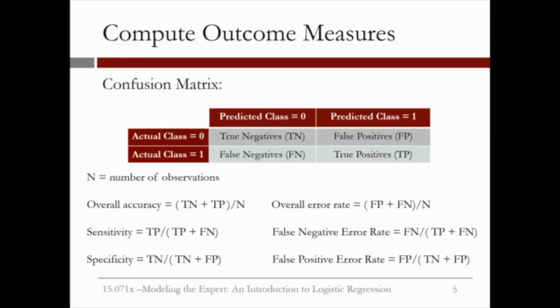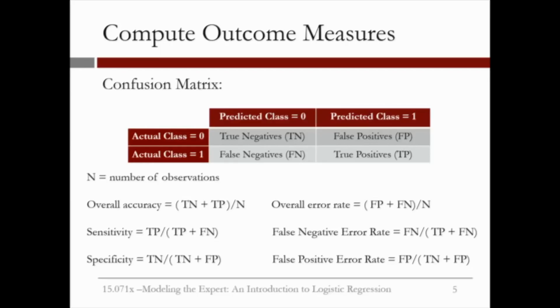The false negative rate is Fn, the number of false negatives, divided by the number of true positives plus the number of false negatives. And specificity is Tn, true negatives, the number of times we predict the quality is good and in fact the quality is good, divided by Tn plus false positives.